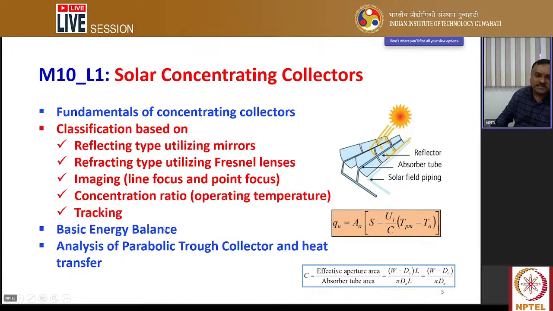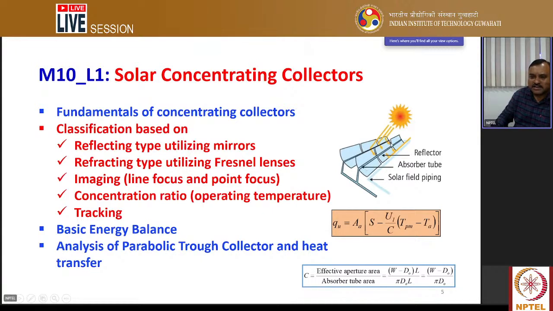And also we have studied the basic energy balance equation and the analysis of the parabolic trough collector and heat transfer. As you can see, this is a schematic of a parabolic trough collector. Here this is the header, and fluid goes through this tube, which is placed at the center.